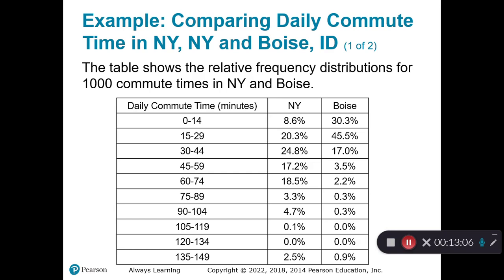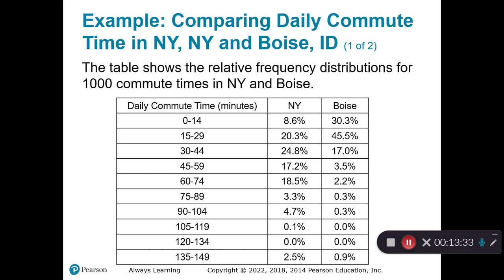Whereas in the previous frequency distribution, we were looking at commute times for Los Angeles, this one has commute times in the city of New York and the city of Boise. Notice that we have exactly the first column the same with the different classes, but in the second column we have commute times in New York, and in the third column we have commute times in Boise, Idaho.